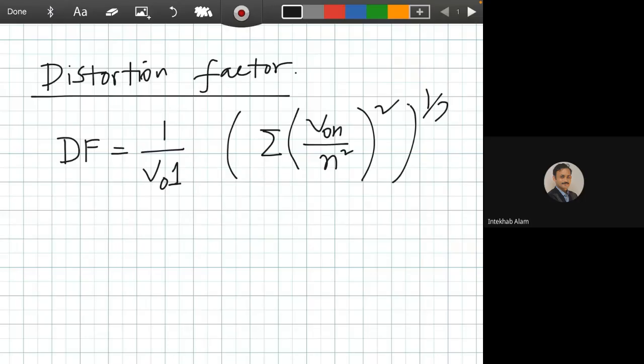Okay, so it was the distortion factor for the whole output wave.